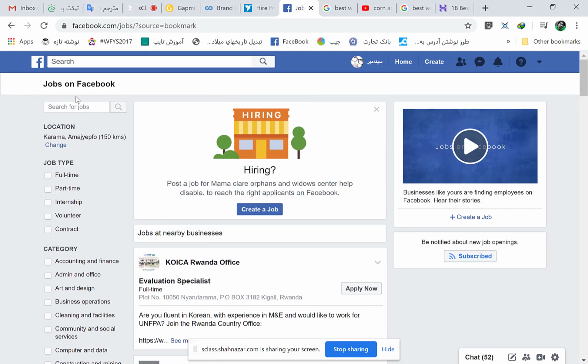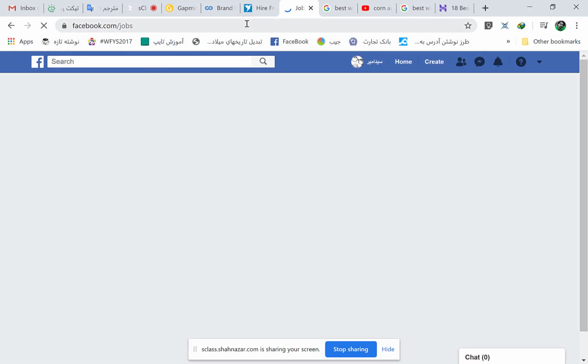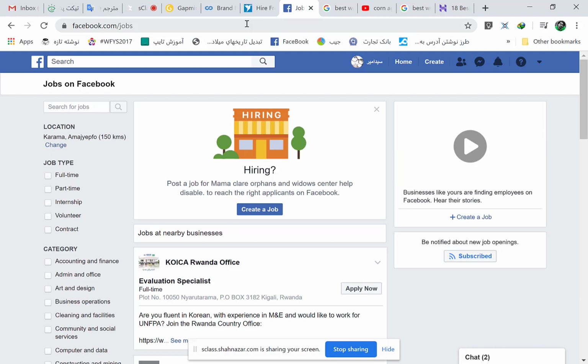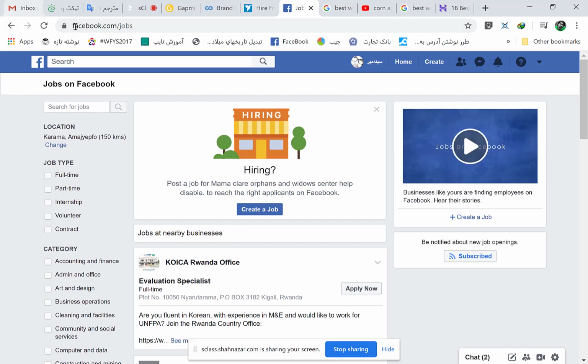It's very easy. If you search it, it's a part of Facebook. Facebook.com jobs. It's accessible for everyone.